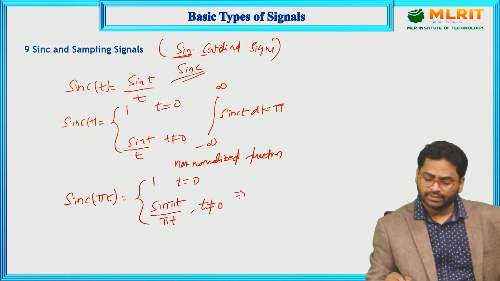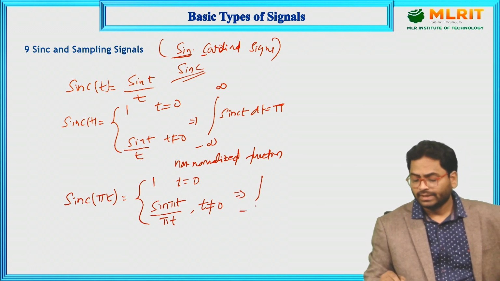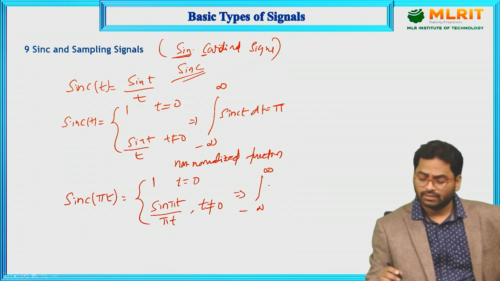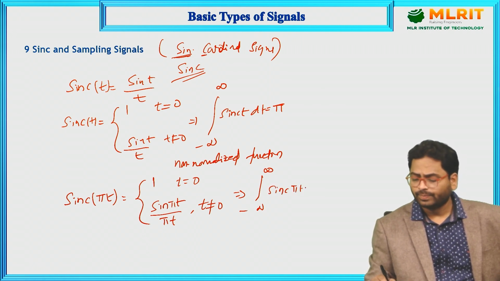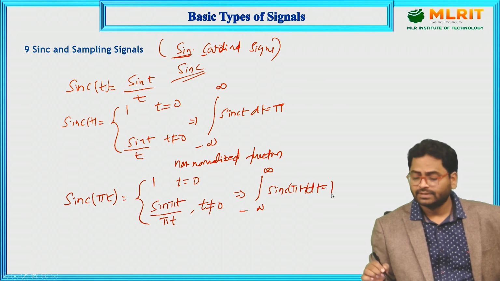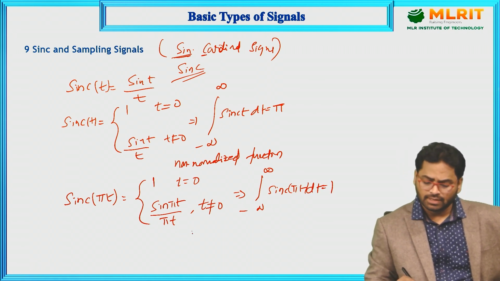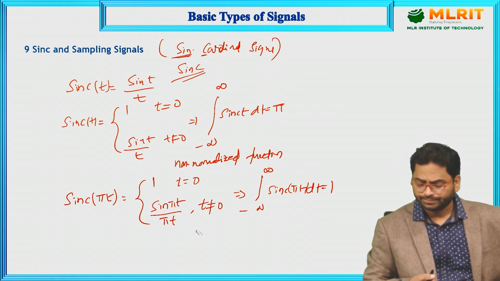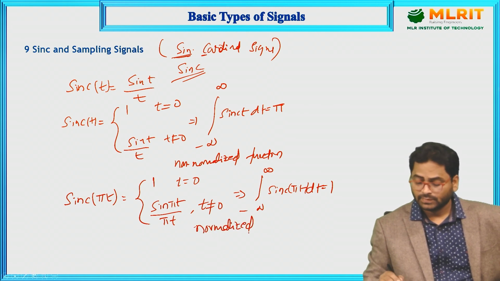And over here, the area under the normalized sinc pi t dt from minus infinity to infinity is equal to 1. So, this is a normalized function.